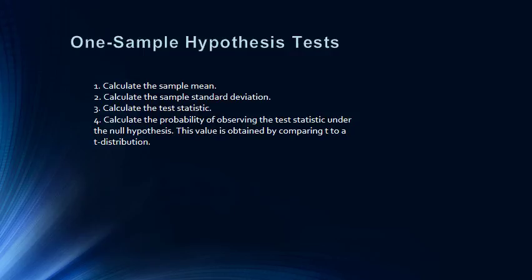Remember that first we have to identify the parameters, and the parameters we're going to use are the sample mean and the sample standard deviation, and the decision is going to be based on calculating the probability of observing the test statistic under the null hypothesis.